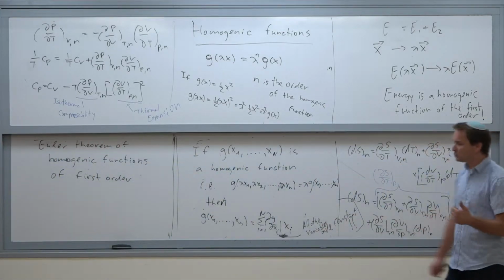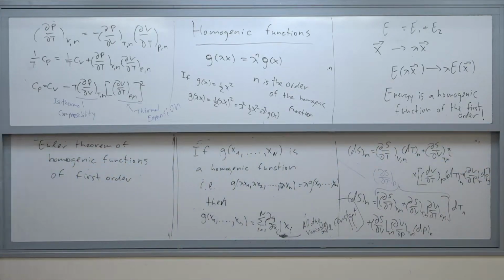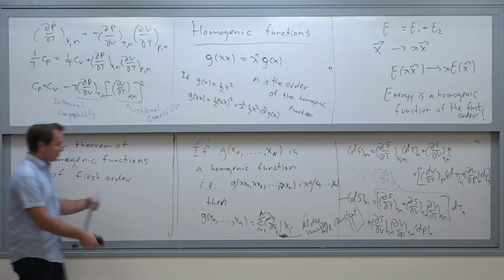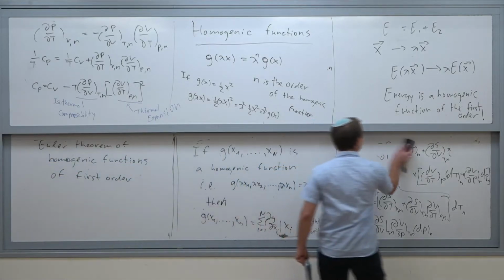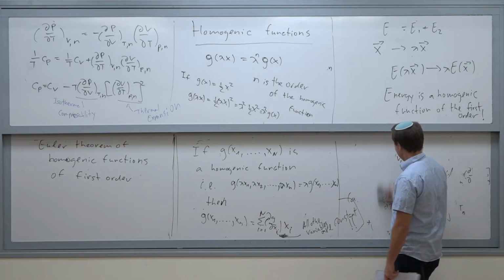How do we know them? Because we have written them. For example, let's take the energy. We obtain the energy from the first law and the second law.